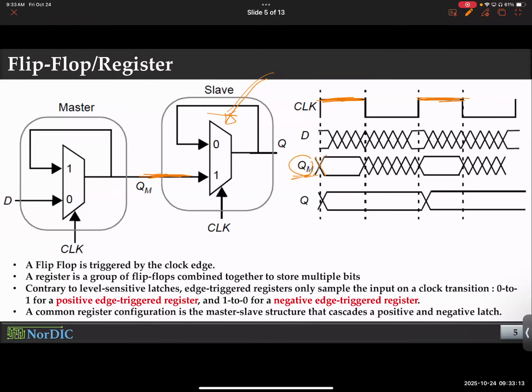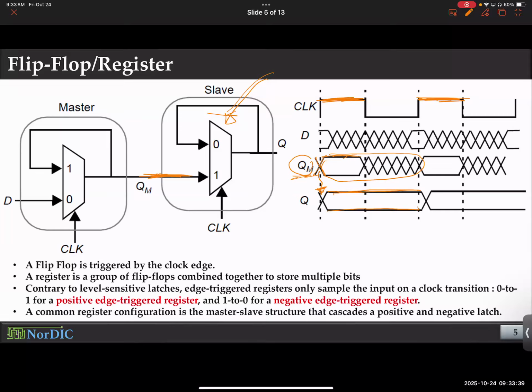QM changed here and Q also changed along with it. But then, see, QM changed or it remained unchanged, doesn't matter. Q basically didn't respond at all until when, folks? Until the clock became 1 again.